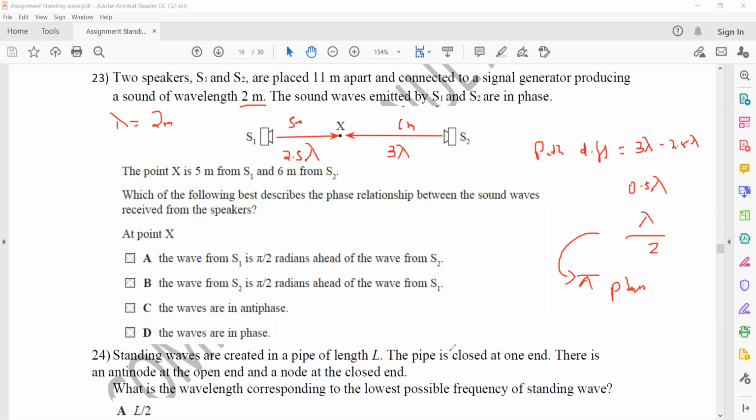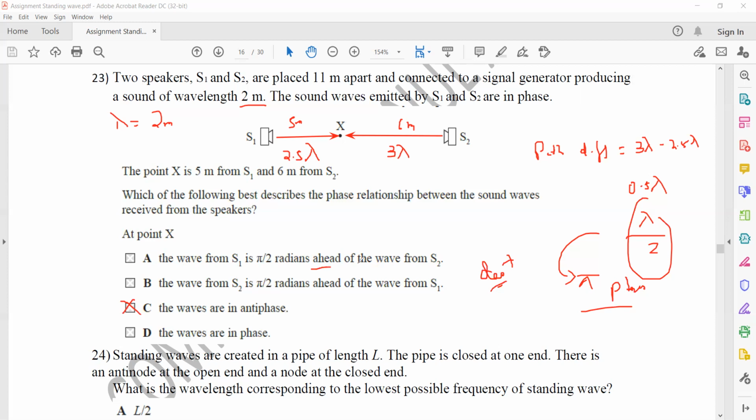When we compare these two waves, as the path difference is lambda by 2, the phase difference is pi radian, so this will result in destructive interference. At this point they cancel out the effect of each other, or the particles will be in anti-phase at point X.